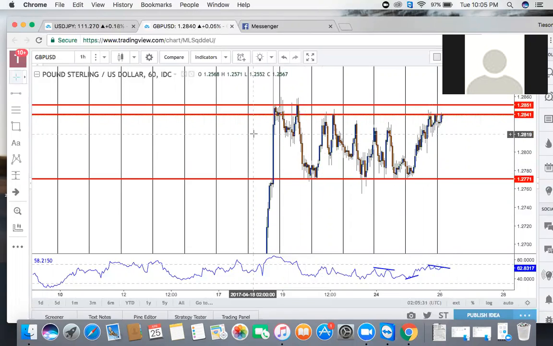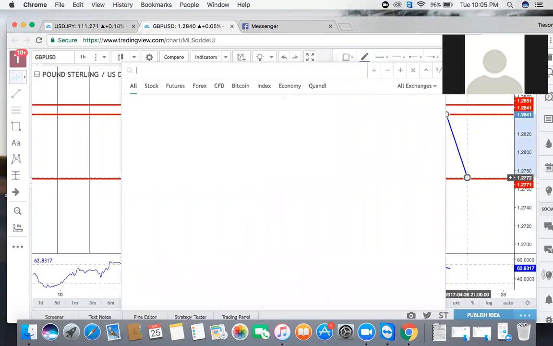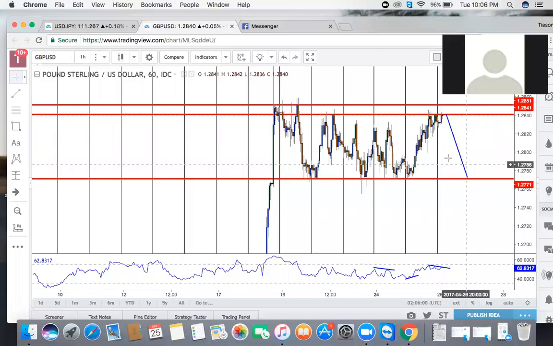But the reason why I put this as my ceiling is because you see price came up, hit it once, twice, and now it's hit it multiple times over here. So it keeps rejecting, okay? Price keeps getting rejected at this top. And now what I'm looking for is movement down, okay?